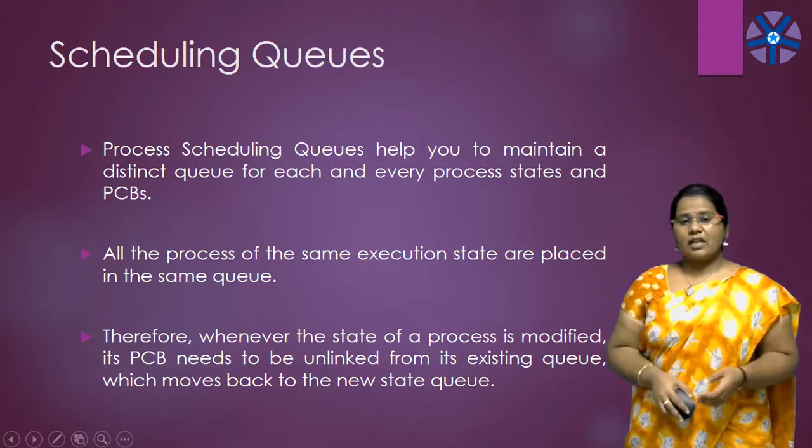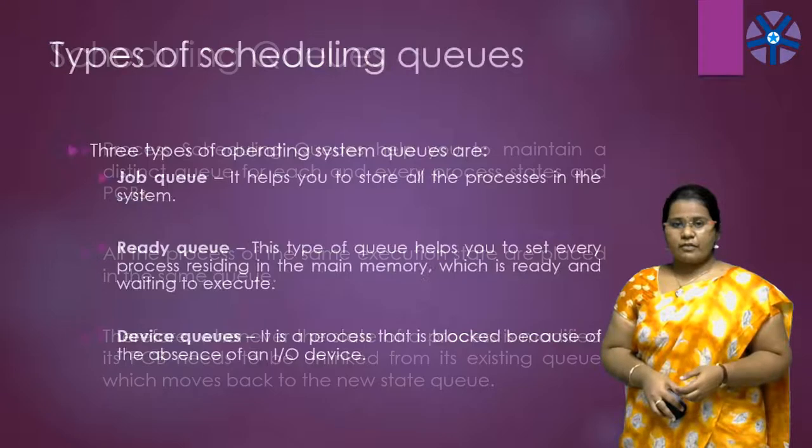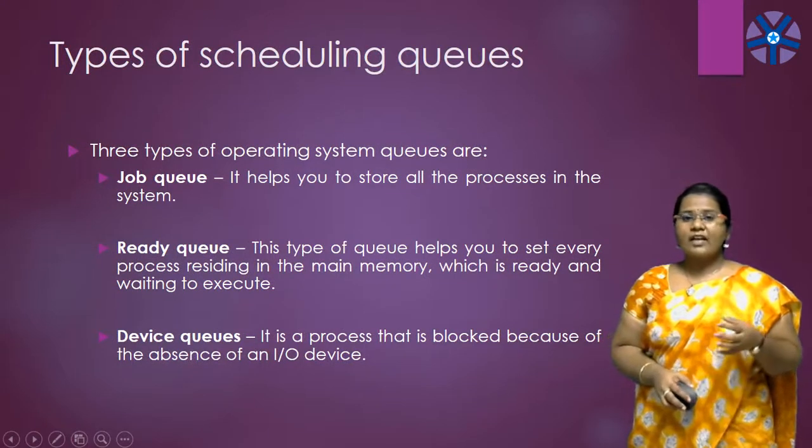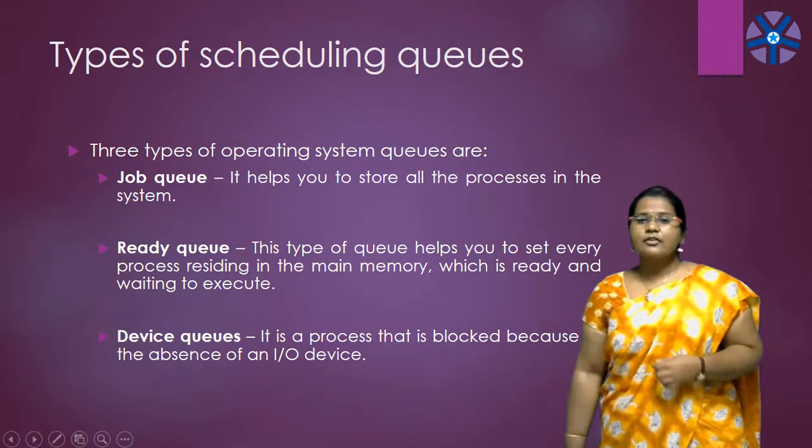Now let us see the different types of scheduling queues available. We have 3 types of scheduling queues, of which the first is the job queue.